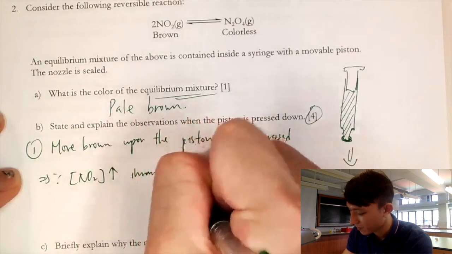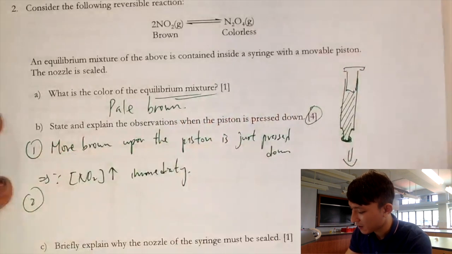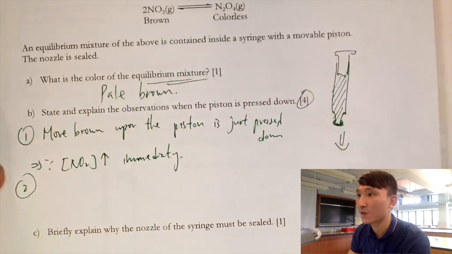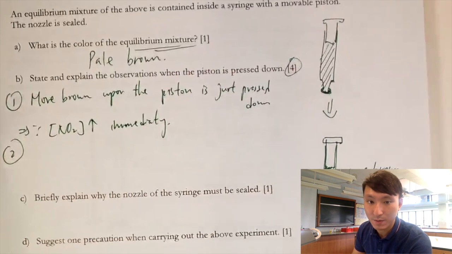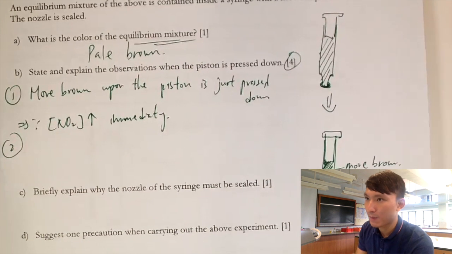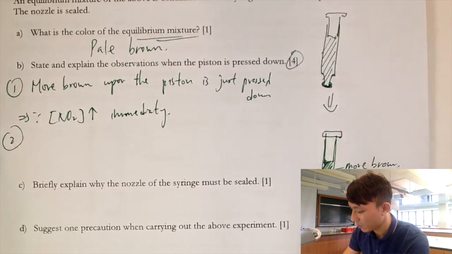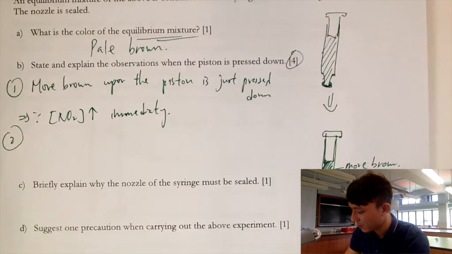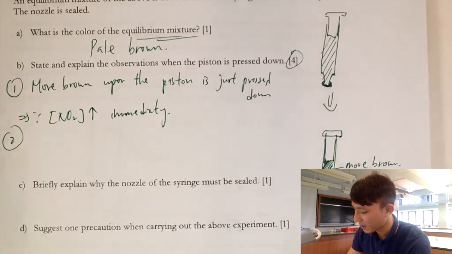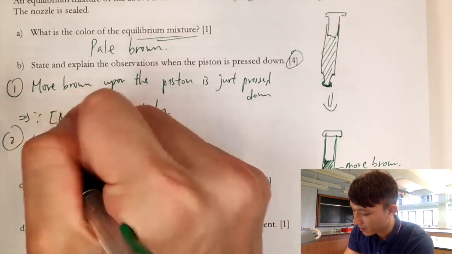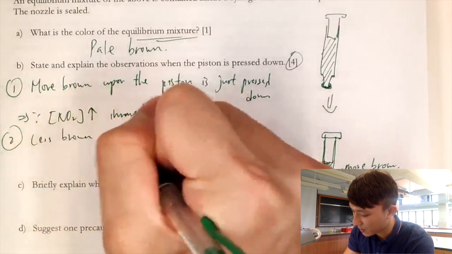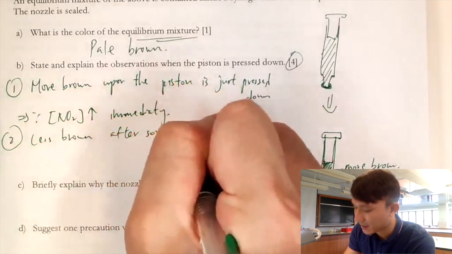Now the second thing is, after some time, if you give them some time for the equilibrium to re-establish, because remember, the equilibrium takes time to establish, right? If you provide sufficient time, then the gas should be less brown. Why is that?